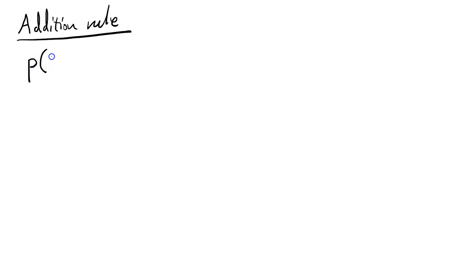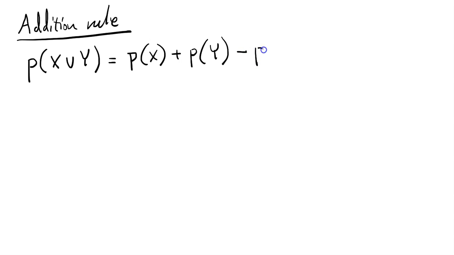Let's now look at something called the addition rule of probability theory. What is the addition rule? It is the following formula. The probability for x or y to happen is given by the probability for x plus the probability for y minus the probability for both to happen.